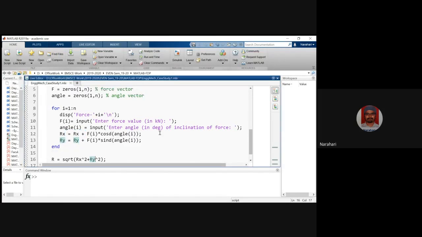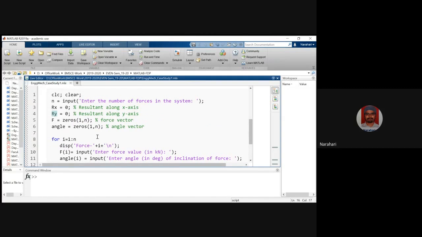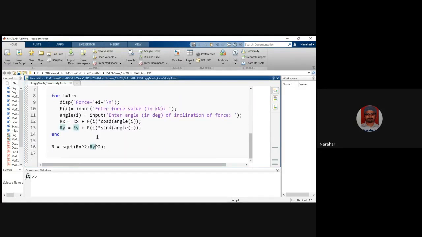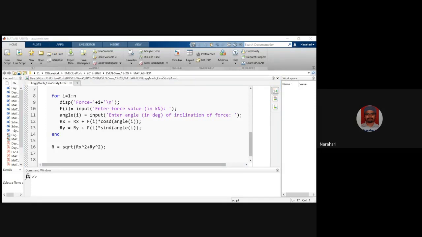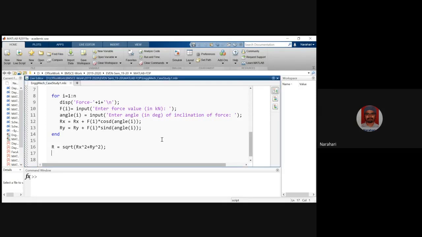Is Rx a matrix? Please see. The funda is, first of all, Rx and Ry are not matrices, they are just scalar numbers. It's a single value. Even if you put a dot here, MATLAB knows it was done by mistake and will automatically take it as scalar square.